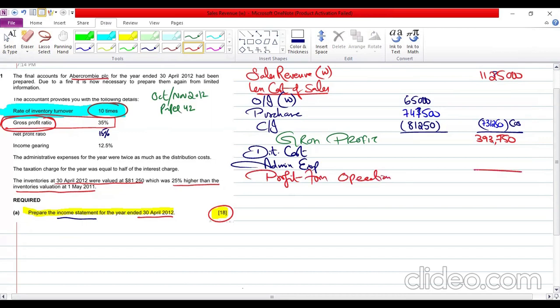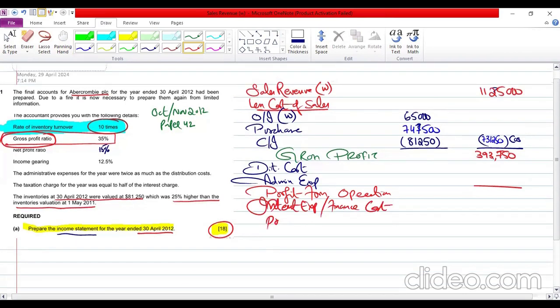From operations, we deduct interest expense, or we know it as finance cost. Then we have profit before tax. We deduct tax and we have profit for the year. Am I right or am I wrong?